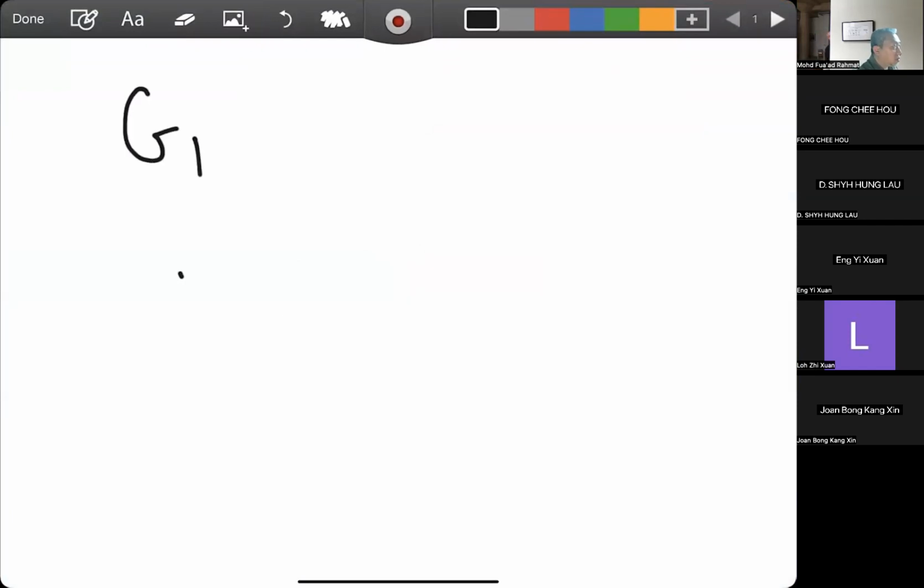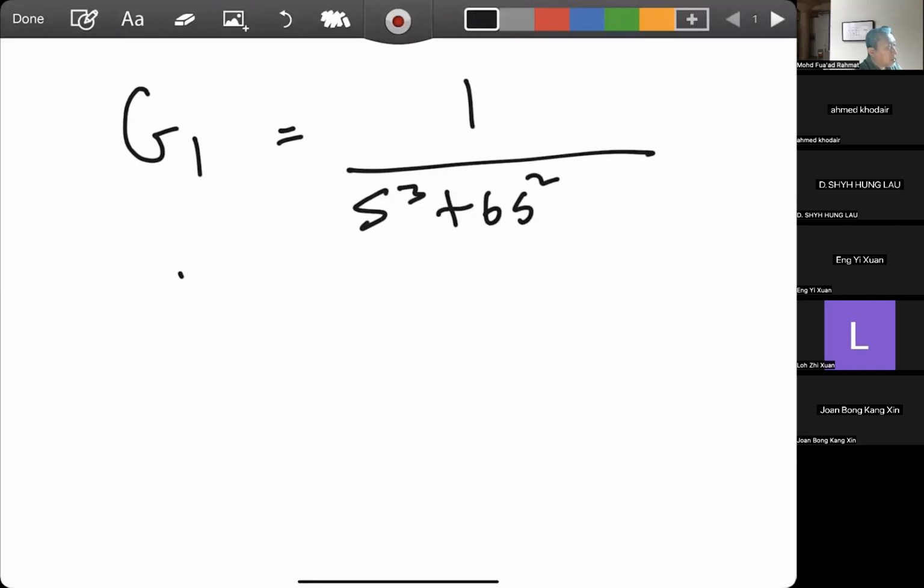So you are given G1, 1 over s cubed plus 6s squared plus 45s.